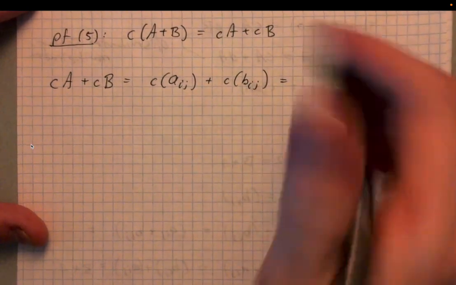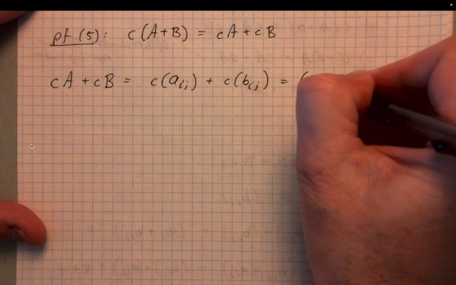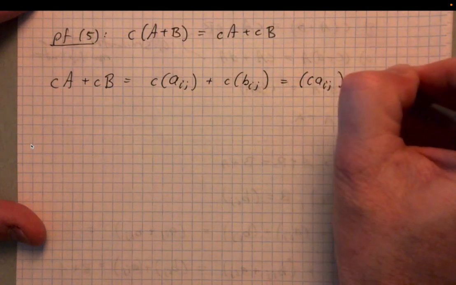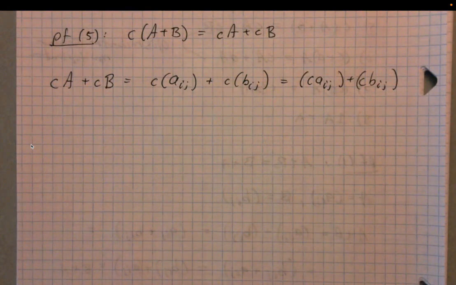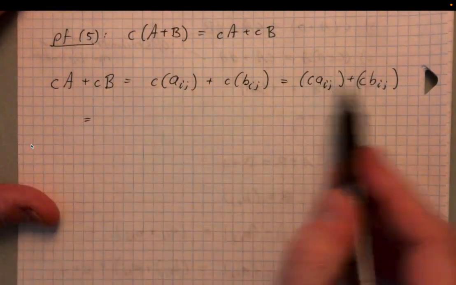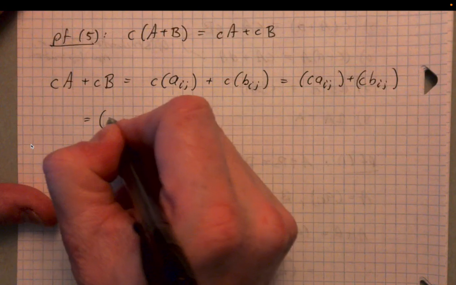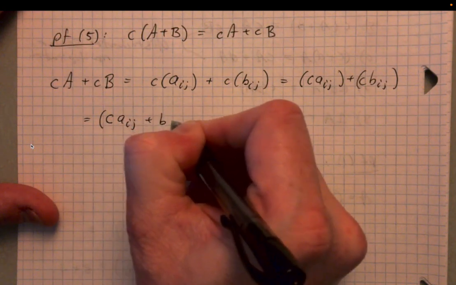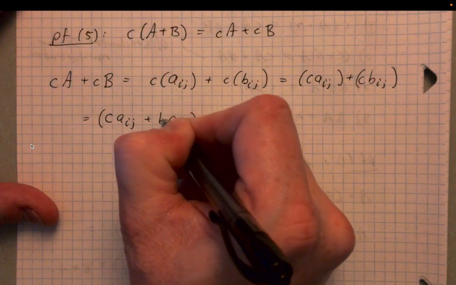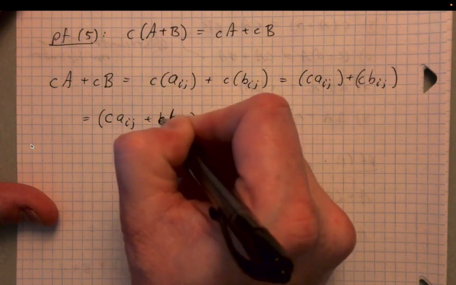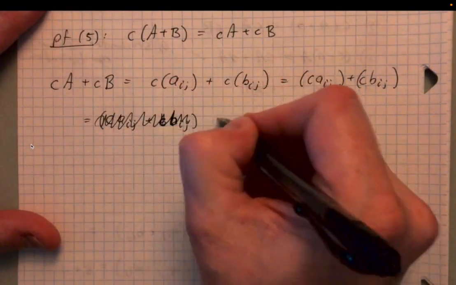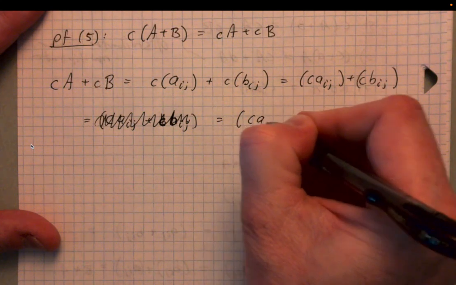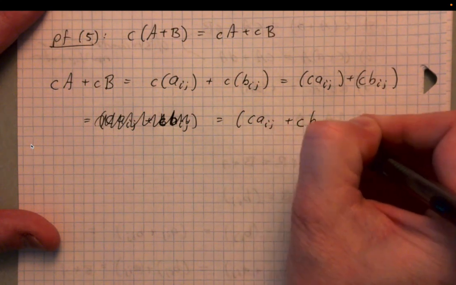And so scalar multiplication means this is just [c aij] plus [c bij]. So I'm just doing the scalar multiplication part of it. And then matrix addition means I add the corresponding entries. So this would be [c aij plus c bij]. Sorry, I messed that up. Let me just rewrite it.